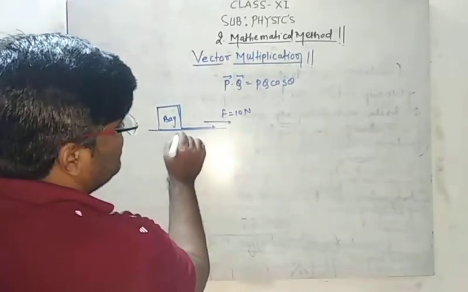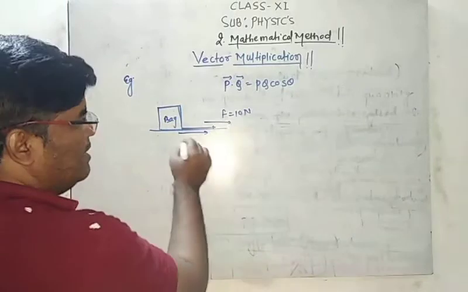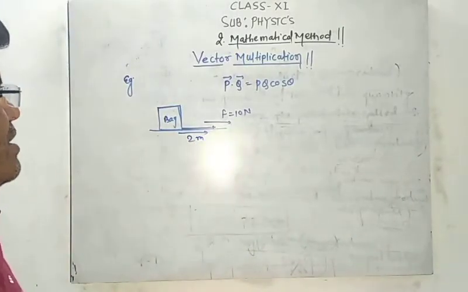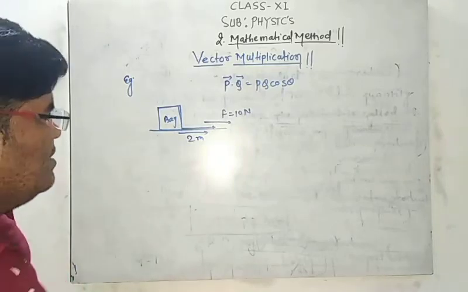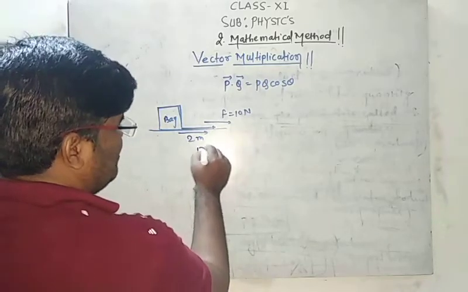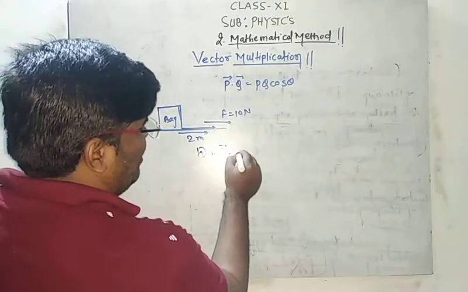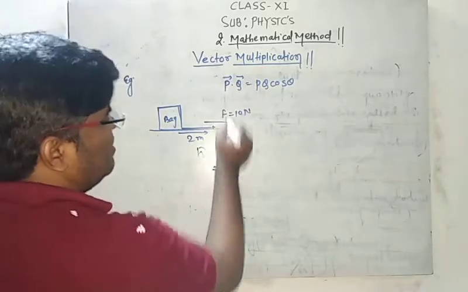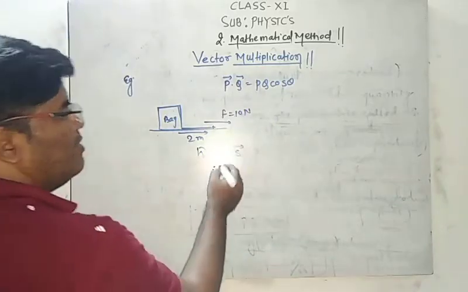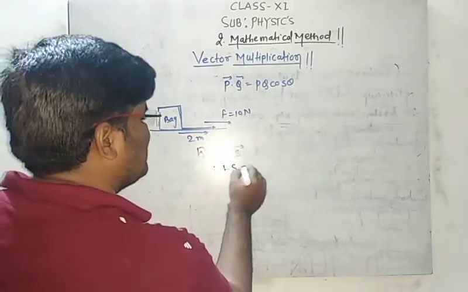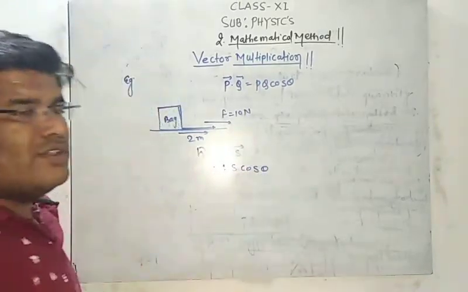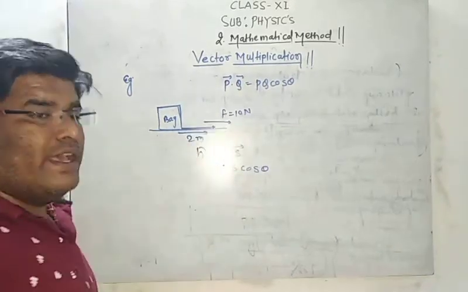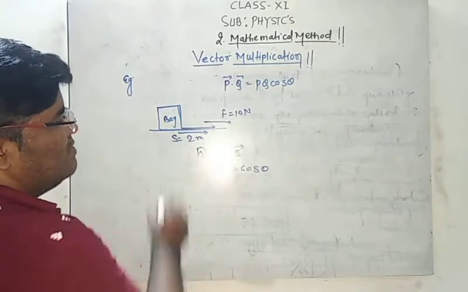So what is the work done? Work done is equal to F bar dot S bar, and the magnitude is Fs cos theta, where theta is the angle between F and S. Here S is equal to 2 meter.